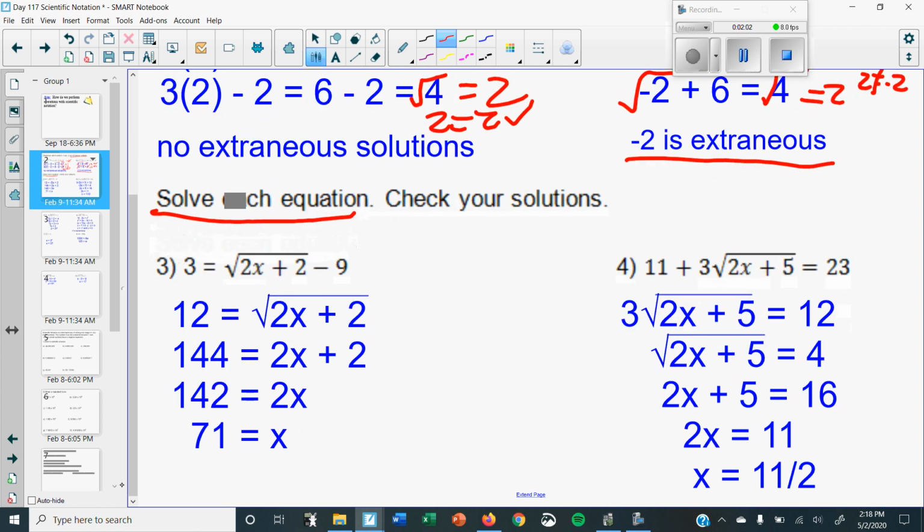So what are we missing from all these that makes it really bad? Yes, it said check your solutions. Man, does this homework key not do what it's supposed to do. So when you do the check, here we go.